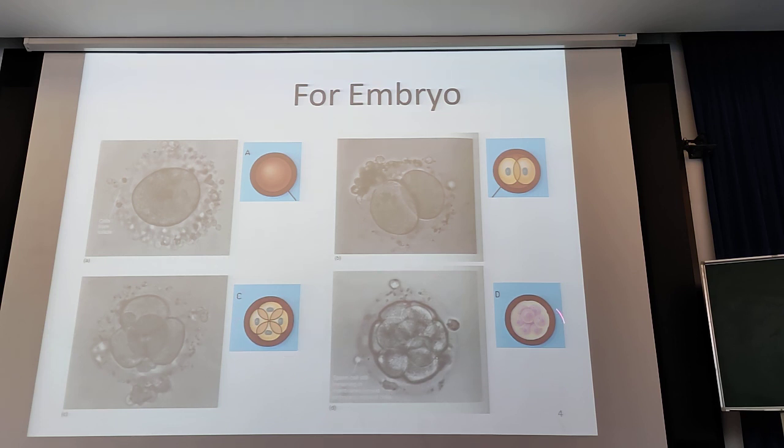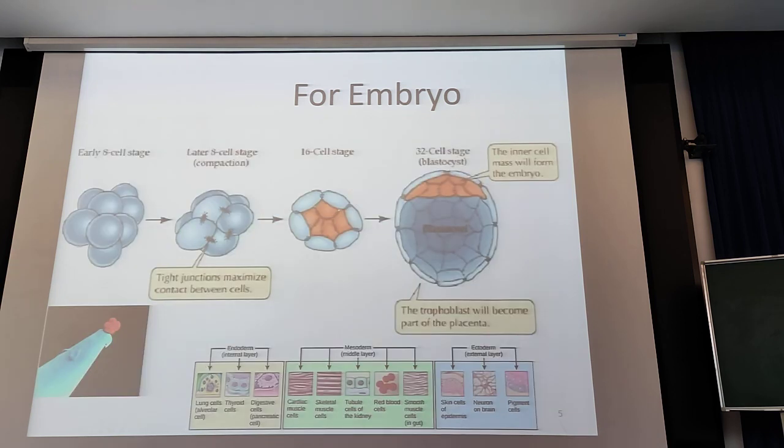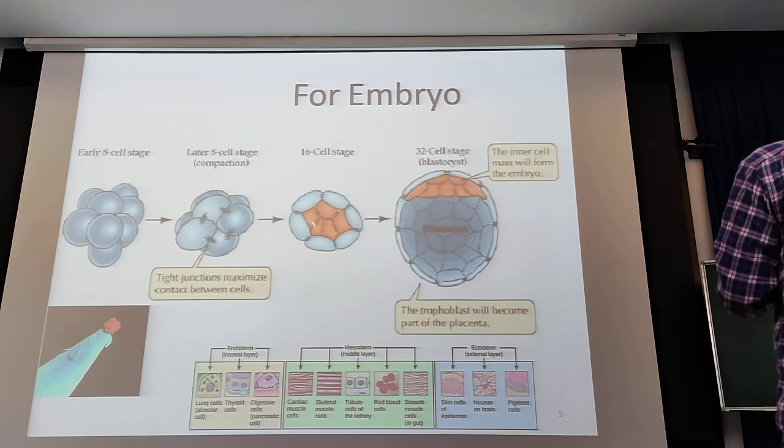Another day, it develops into the 8 cell stage. After 4 days, it will come into the 16 cell stage, and in 5 days, it will develop into the 32 cell stage. But from the 16 cell stage, the cells will develop into 2 cell types.